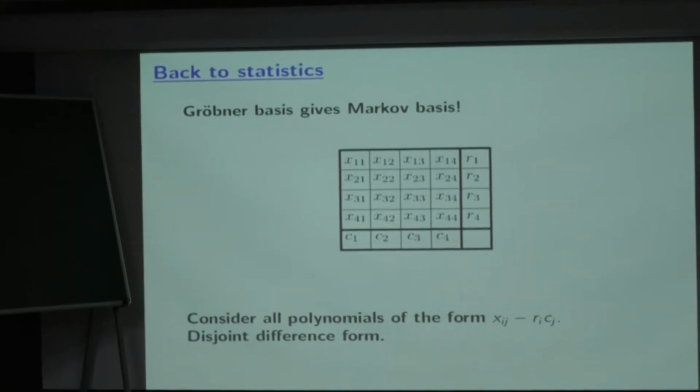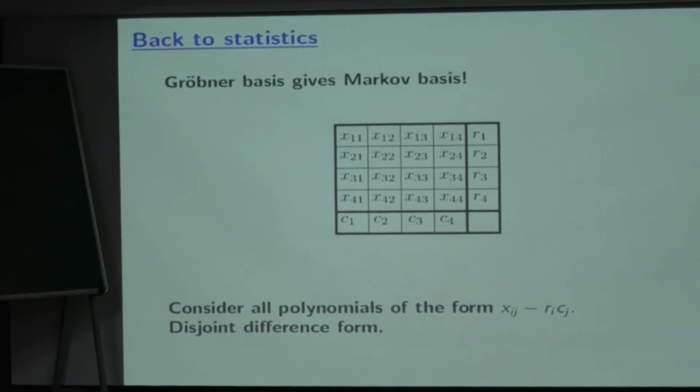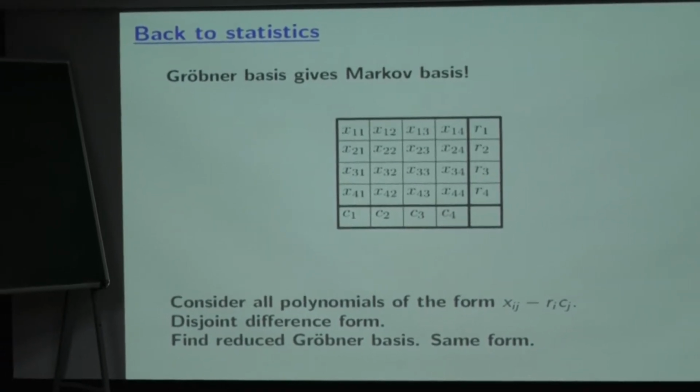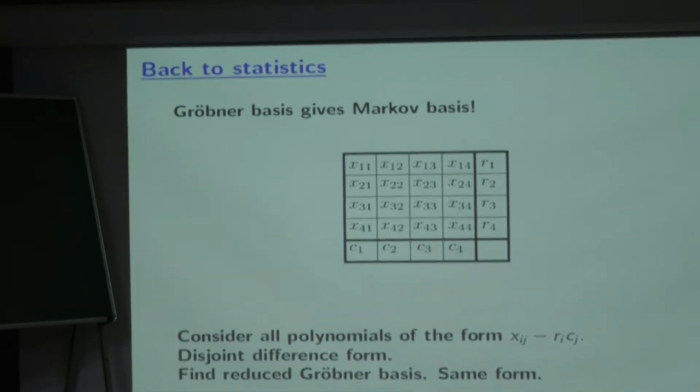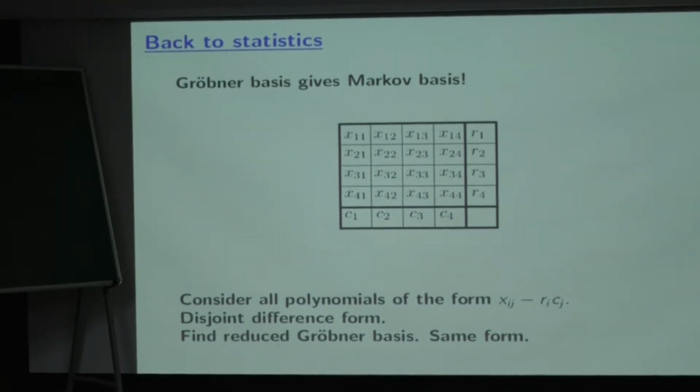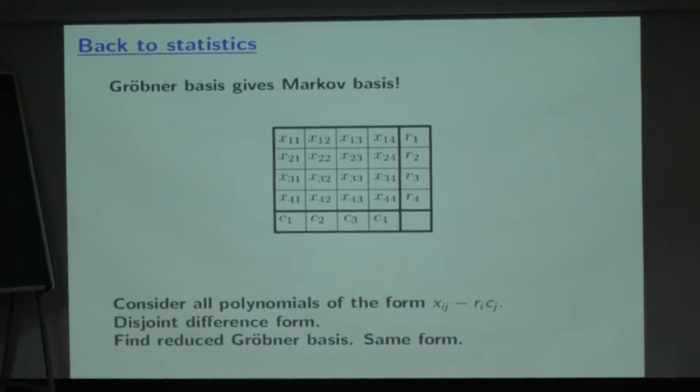This form is of some importance. So you get, in this case, 16 such things. In general, you get mn such things. You just find the reduced Grobner basis. You feed them into a computer, find the reduced Grobner basis of all those 16 polynomials. It will take hardly a fraction of a second, and you'll get this.